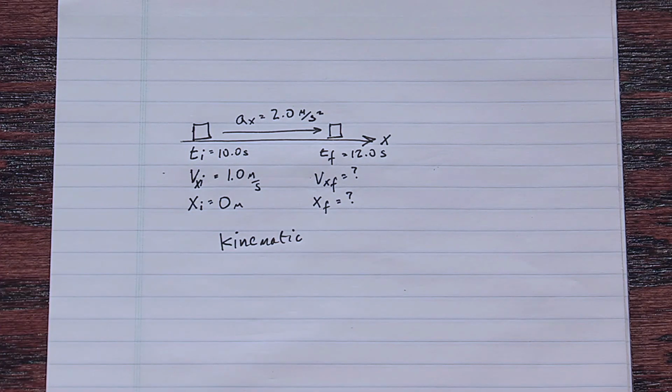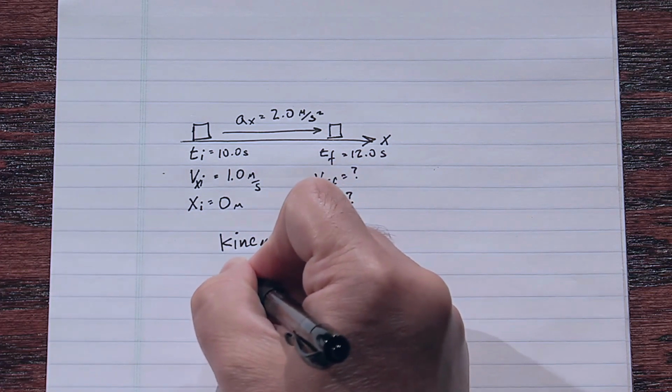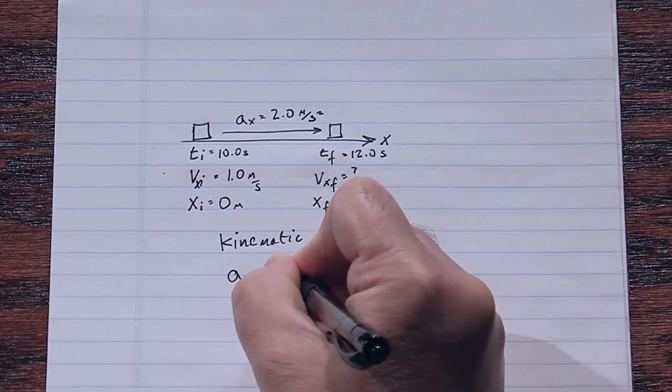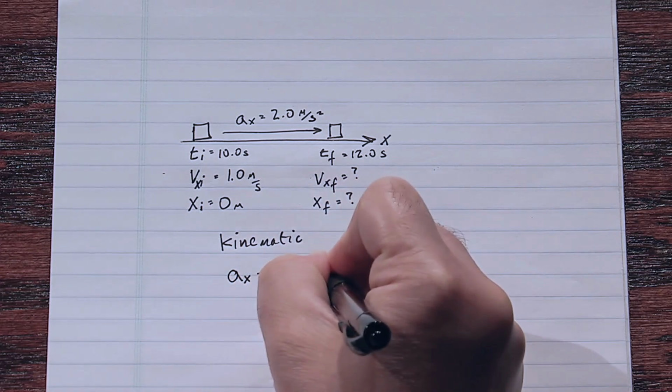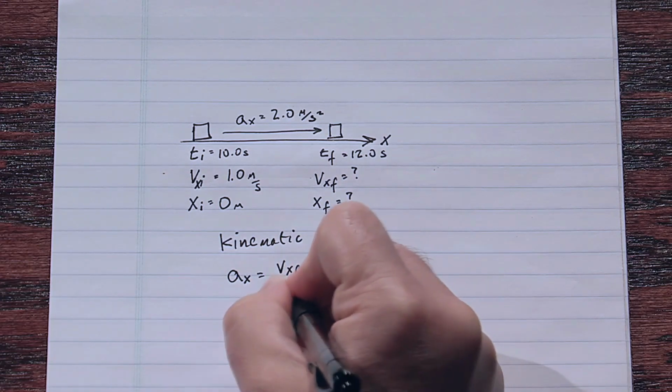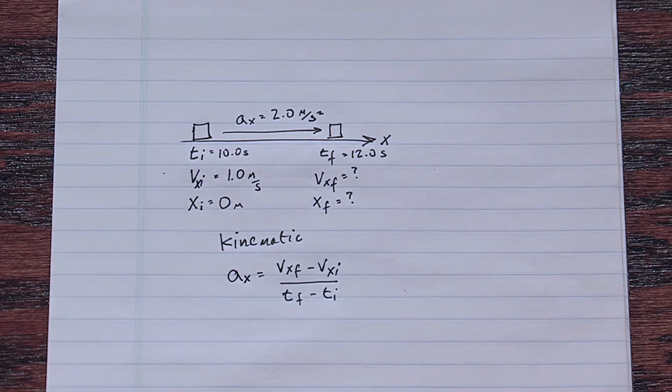So we would choose our kinematic equation that doesn't have x final in it, or that doesn't have change in position in it. And that equation is Ax is equal to Vx final minus Vx initial over t final minus t initial. That one should be familiar. That was our first equation that we've worked with a few times now.